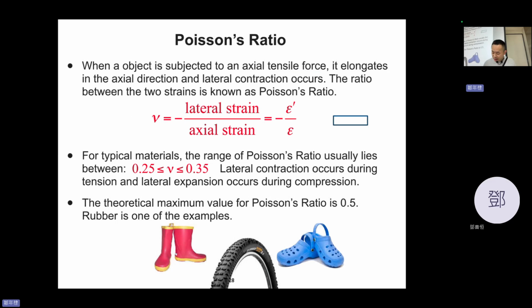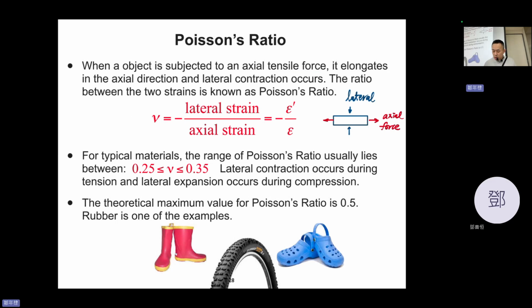And then if you have an axial force, okay, axial force, all right? And then your lateral means the direction perpendicular to your axial force, okay? Your lateral must contract, okay? Makes sense, right?